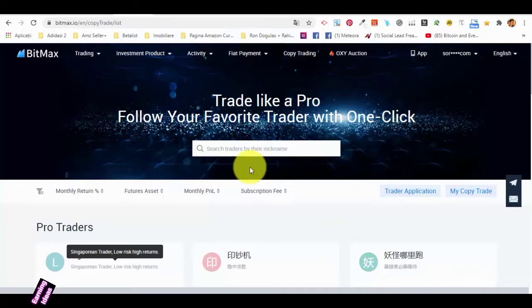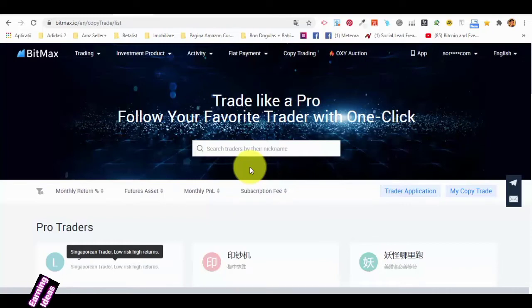The last method that we are going to talk about is basically copy trading, which means copying what other professional traders do, or not necessarily professional, but other traders who maybe do this better than you. Or if you are not into trading, you can copy what other people who are trading do. Okay, and we have two platforms where you can do that.